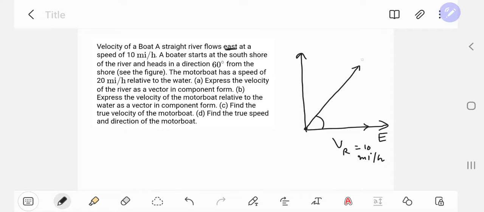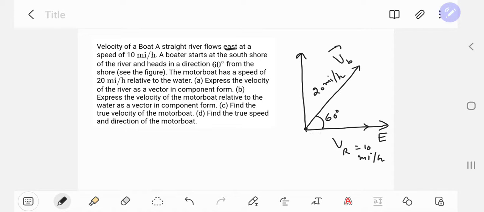I'll take the direction of the boat, this one here, which is at 60 degrees, and that is given as 20 miles per hour.